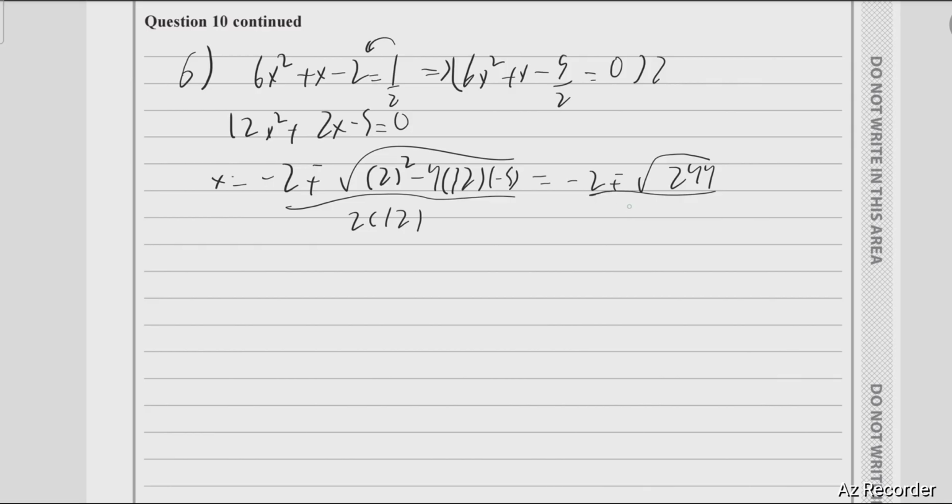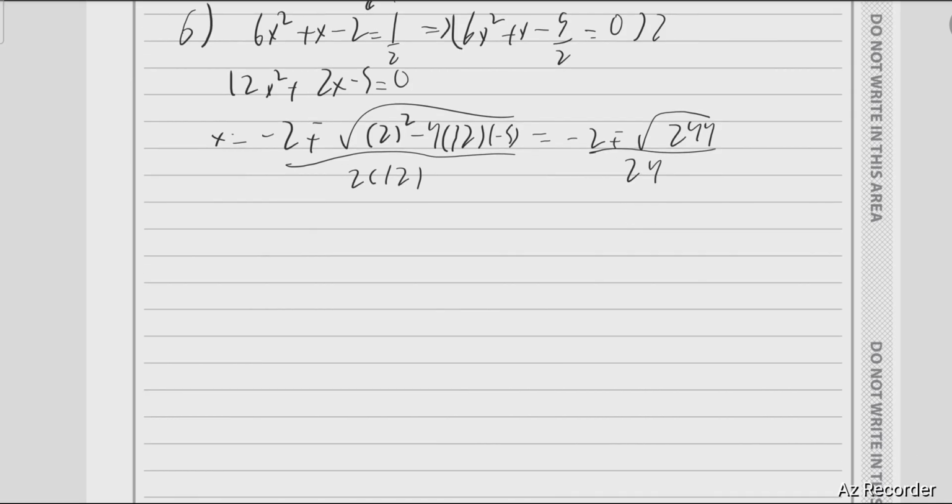That gives 244 over 24. And the square root of 244 is 2 root 61, so x equals negative 2 plus or minus 2 root 61 over 24.